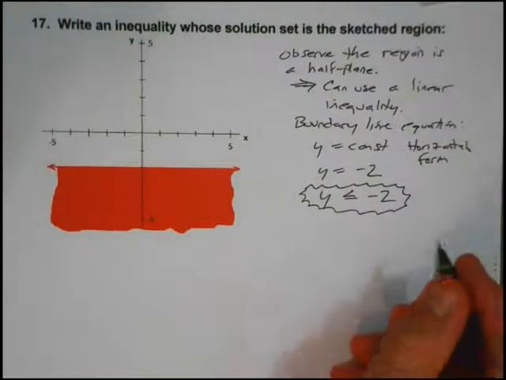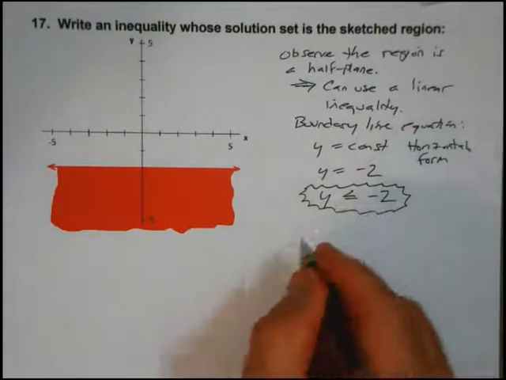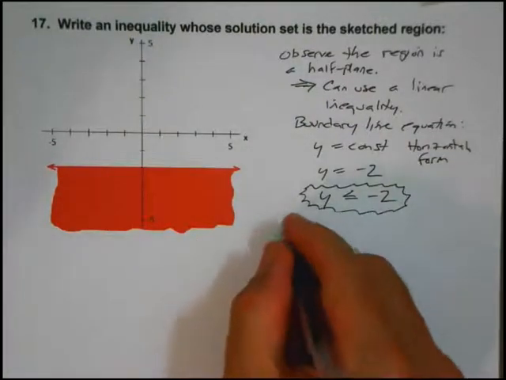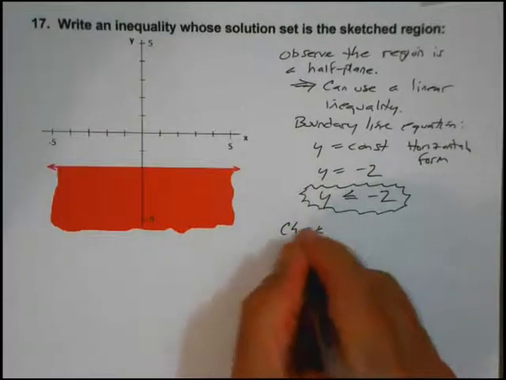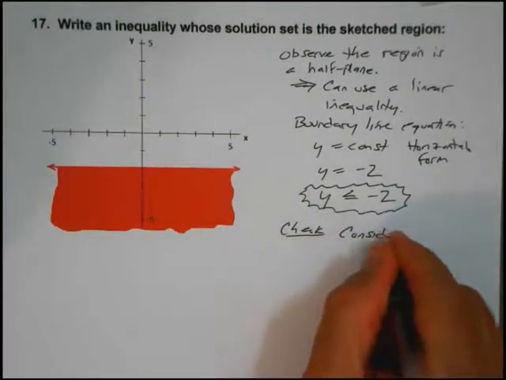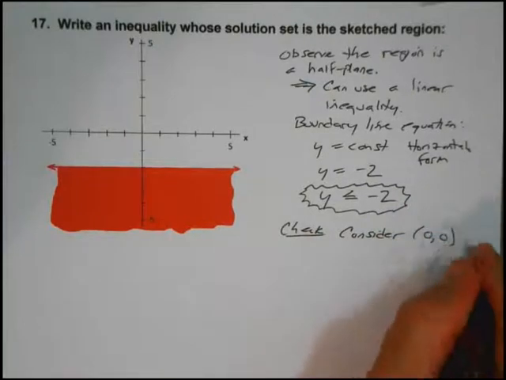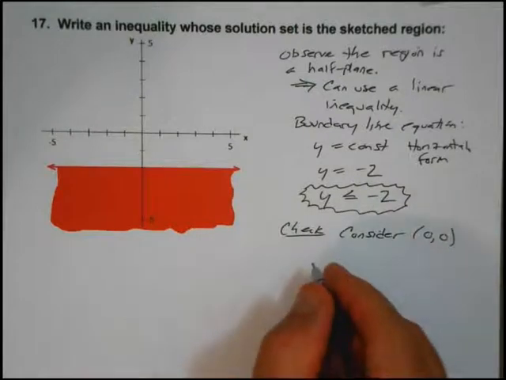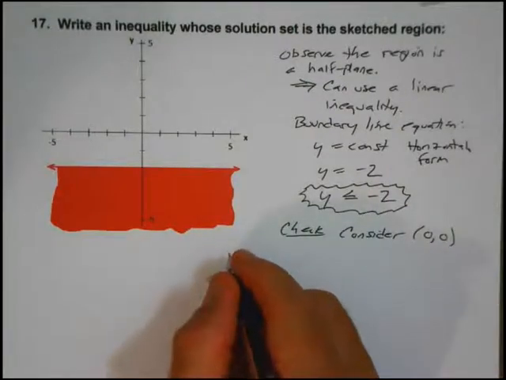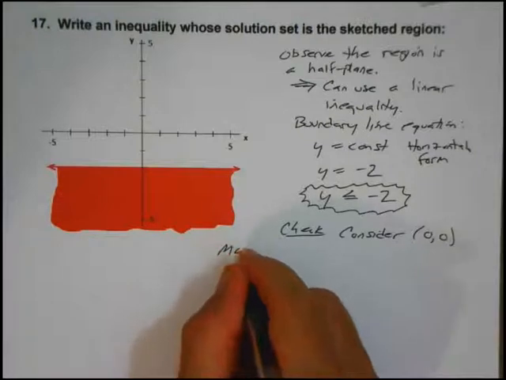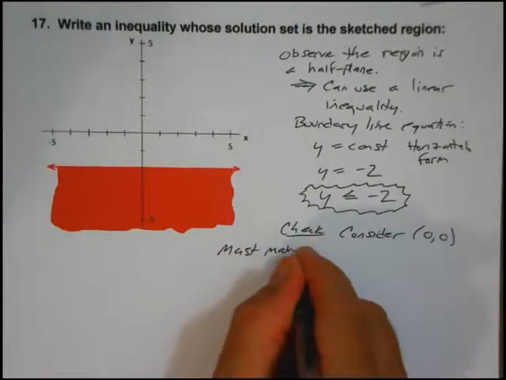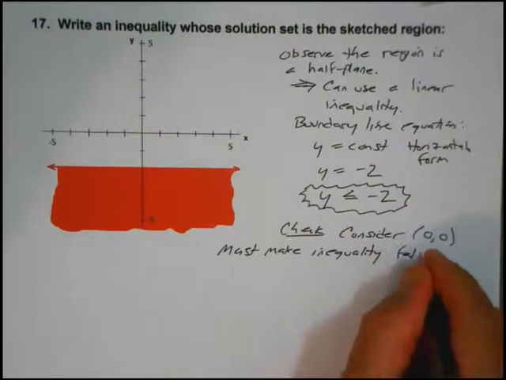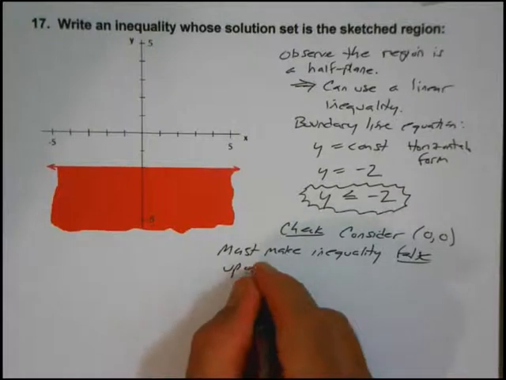Okay, and as a very quick check, you can consider 0, 0. If you consider that, 0, 0 is not in the region, so it must make the inequality false upon substitution.